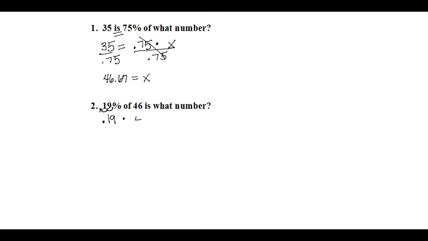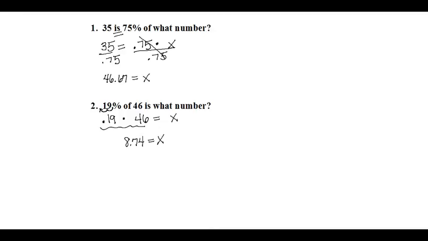And 46 is, we said that translates to equals, and then what number. This one we don't even have to do any algebra, we just need to compute 0.19 times 46. It says write your answer as a whole number or a decimal, and when we do that multiplication, we get 8.74 is equal to x.